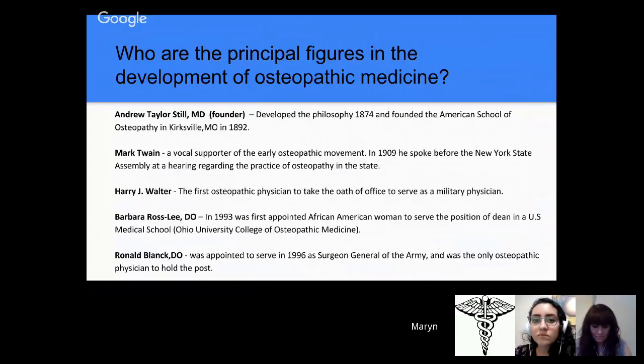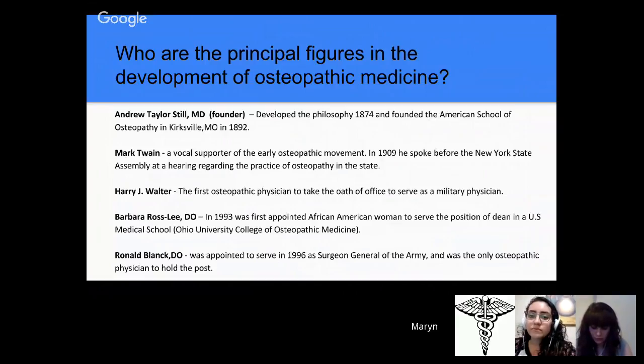Mark Twain was a vocal supporter, and he spoke before the New York State Assembly at a hearing regarding the practice in that state in New York. Harry J. Walter was the first osteopathic physician to take the oath of office as a military physician.